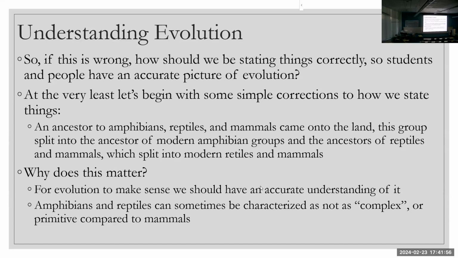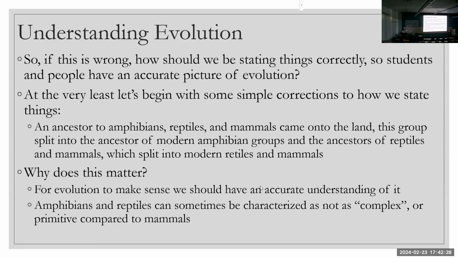But it might seem that way if we say first there were amphibians, and then that evolved into reptiles, and then into the pinnacle, the mammals. That creates the perception that amphibians, the first guys around, weren't quite as great as what came later. Then you have reptiles, which were pretty good, but not quite as great as what came in the end with mammals. But that's not an accurate picture of what happened.